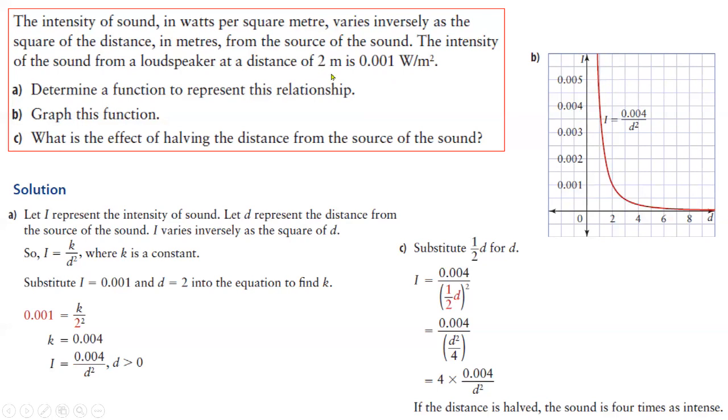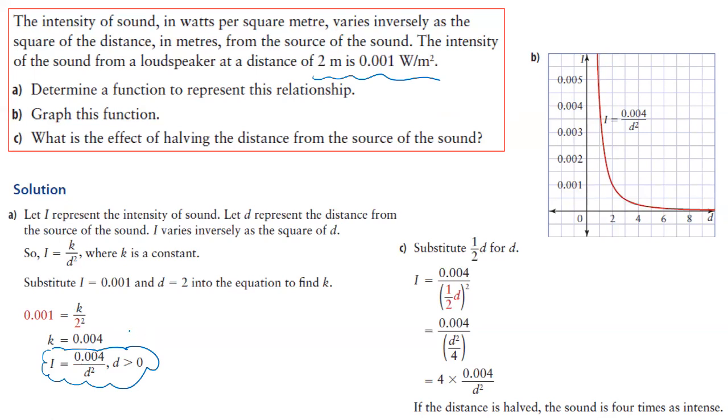So if we put this point in that equation, we can find the value of K. That means 0.001 equals K over 2 squared. Then K is solved to be 0.004. So the relationship we're looking for is I equals 0.004 over d squared.